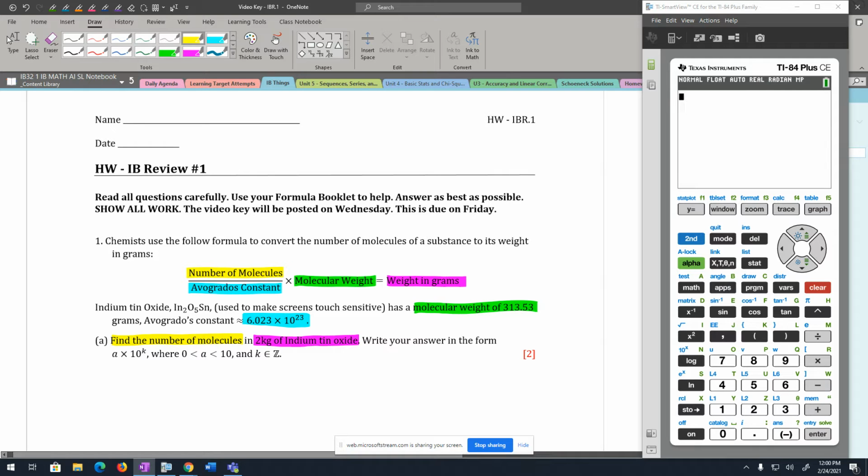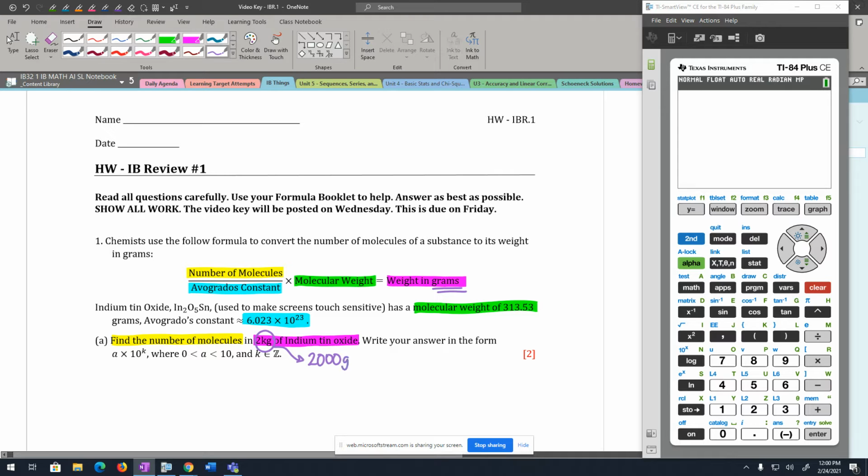First things first, we've got to talk about 2 kilograms, but we want it to be in grams. So 2 kilograms in grams is 2,000.